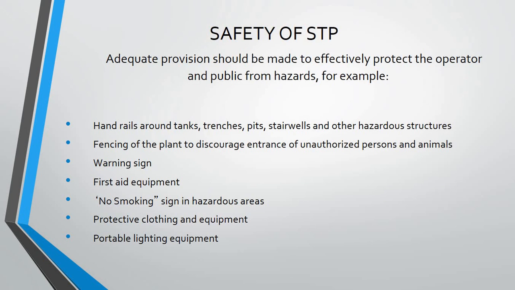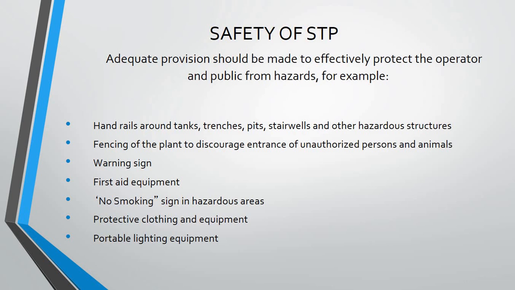These are some safety procedures that have to be considered in any treatment plant. The treatment plant has to include handrails around tanks, trenches, and pits. It also has to be properly fenced to prevent any unauthorized persons and animals from entering.